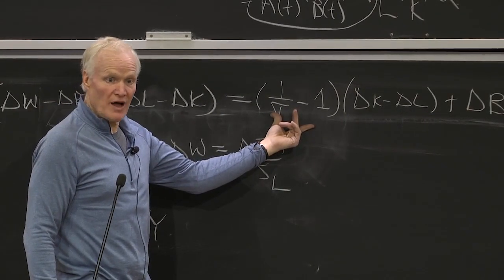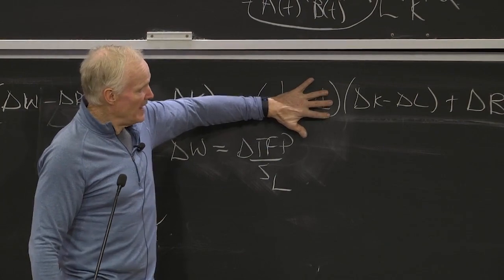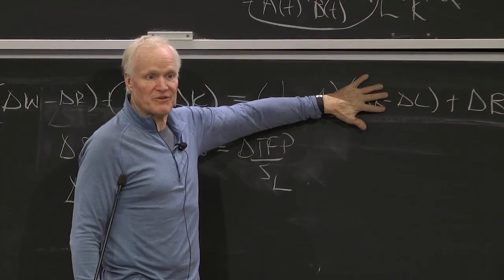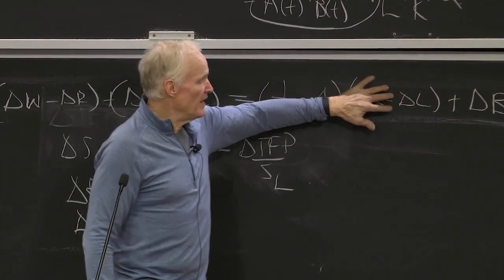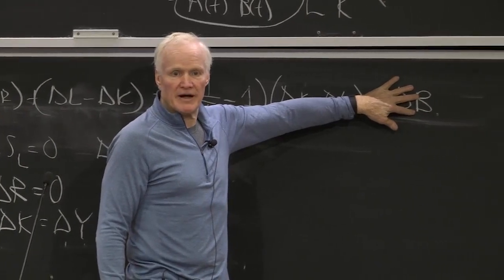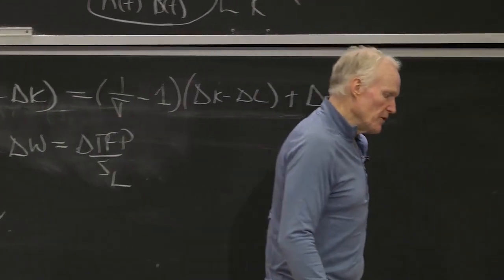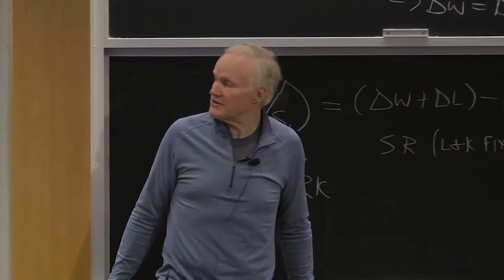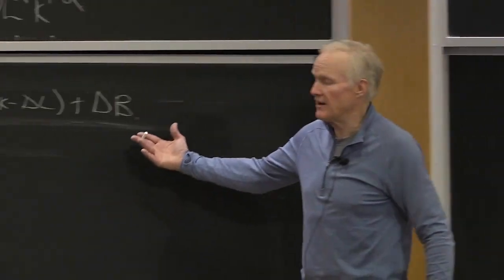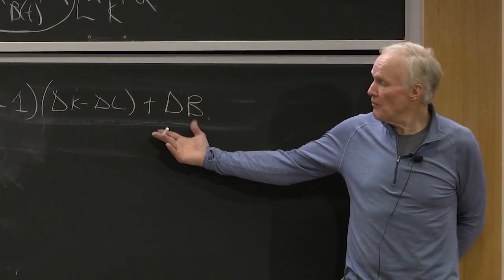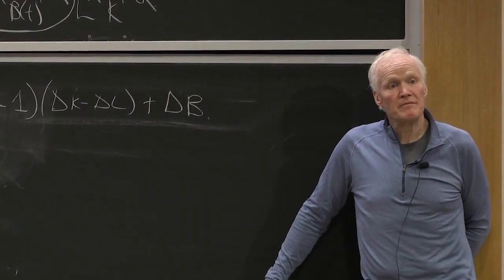Because if sigma's 1, then K over L doesn't really affect the shares, and therefore it's all about bias, right? The only thing driving an increase in capital share or labor share over time would be all coming from technological bias. But what about if sigma's not equal to 1?